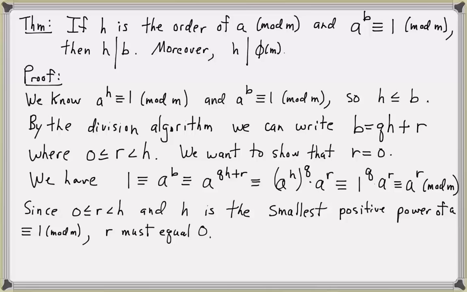Well, if r is 0, then we can write b as q times h, and thus h divides b.